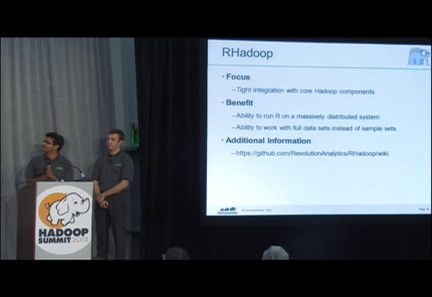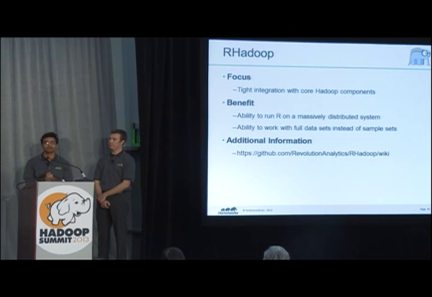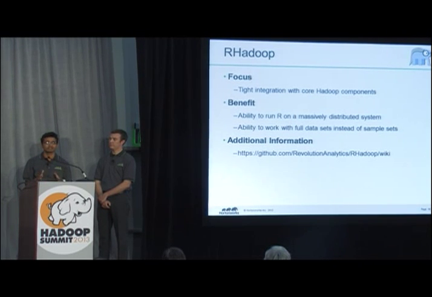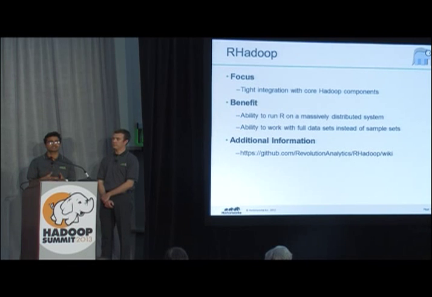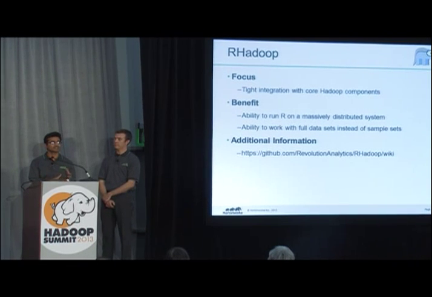And the key benefit here is it can work on your big data set. So you need not go and do sampling of data or work on a smaller subset of data. You could run your algorithms on your full data set instead of a sample data set.